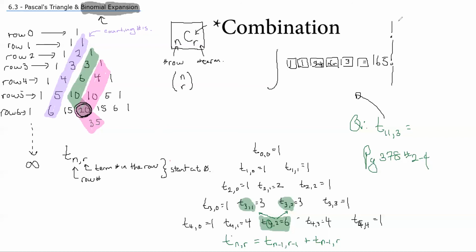Number 20 would be n of 6, r of 3, right? 20 is in the 6th row, term 0, term 1, term 2, term 3. So on your calculator, figure out what 6 nCr 3, or 6 choose 3, is. The calculator should be able to spit out 20.